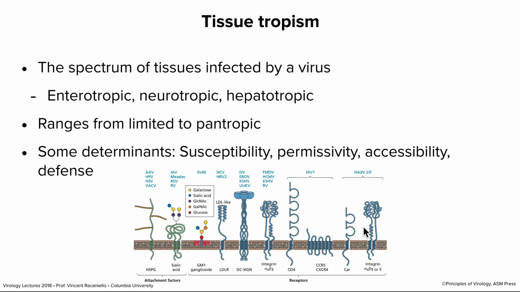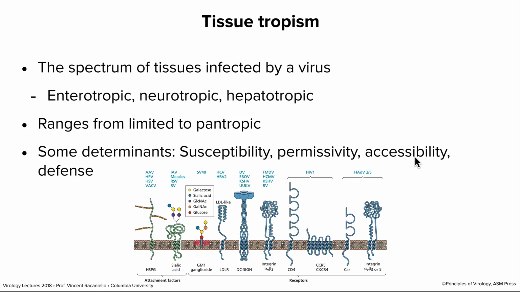For some viruses, the receptor is very limited in its expression in different tissues, and that determines where the virus will infect. Another determinant is permissivity. The internal environment of a cell may not support virus replication. That could be due to a whole number of other factors, including, say, transcription factors, enhancer binding proteins, translation proteins, and so forth.